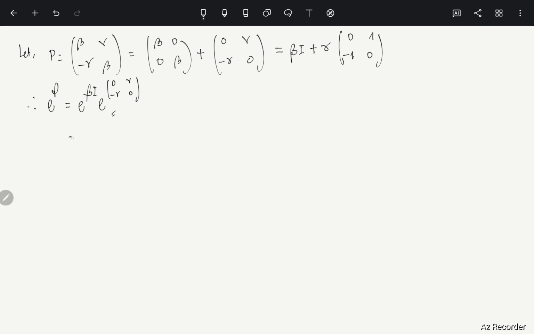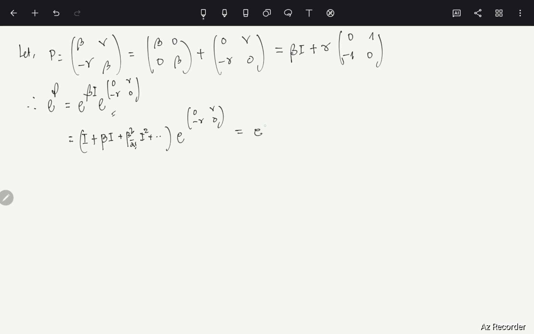It is the identity plus beta times I plus beta squared by 2 factorial times I squared, and it goes on like this, times e to the power of 0 gamma, minus gamma 0. Clear?